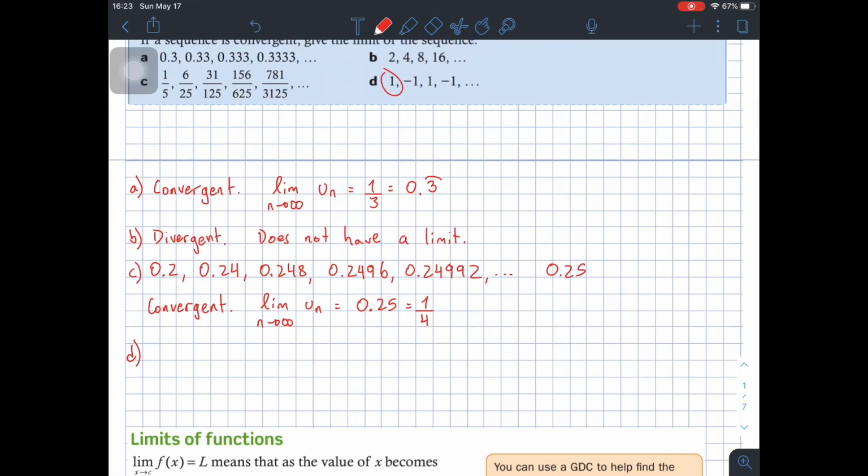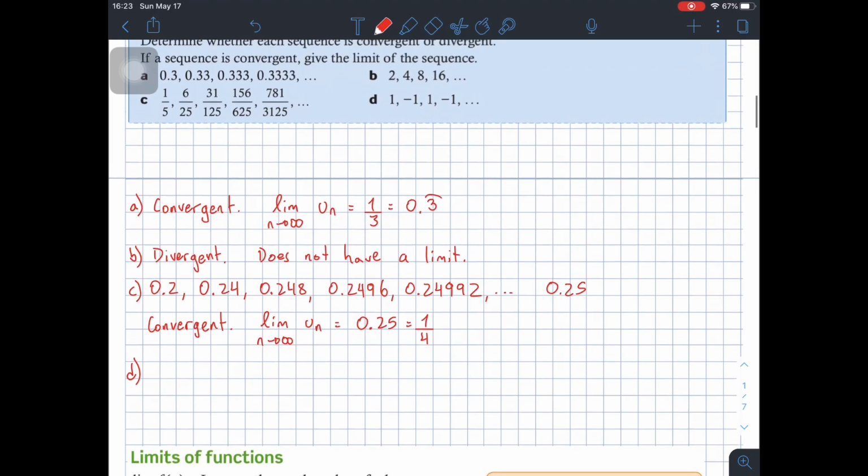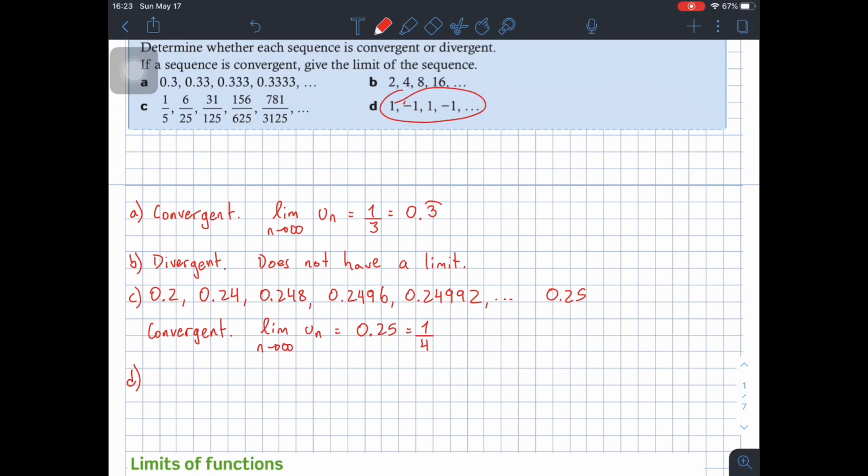Finally, we have part D, which is 1, -1, 1, -1, 1, -1, 1, -1, and so on, okay? So the question is, are we converging to a specific value here? No, the answer is no. We're just switching between 1 and -1, but we're not approaching a specific value like in part A or part C, right?